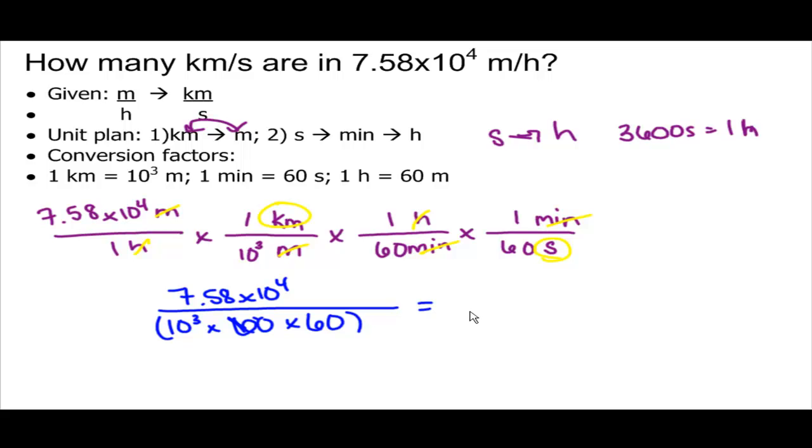And the answer that you'll get will be 0.021. We need 3 significant figures here, so 0.0211, and our unit here is going to be kilometers per second. Now you can also write this in scientific notation. Either way is the same.